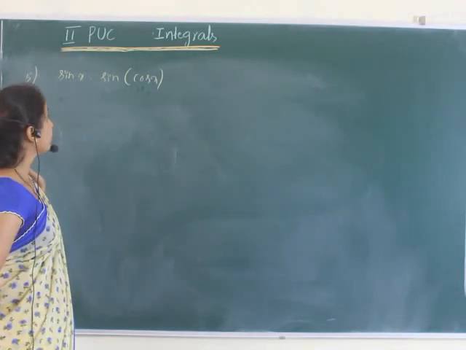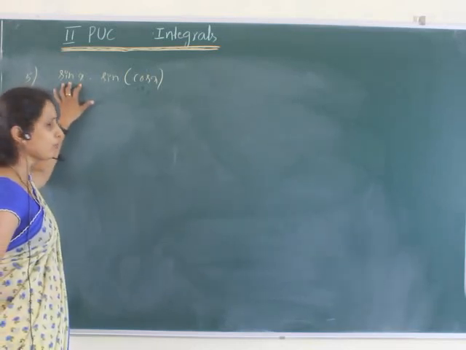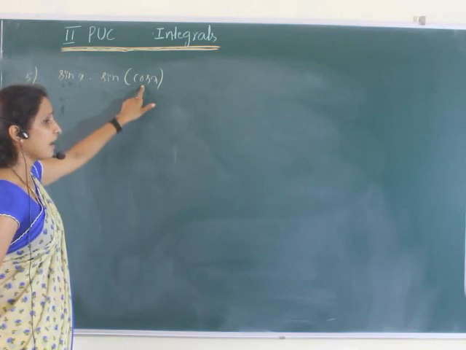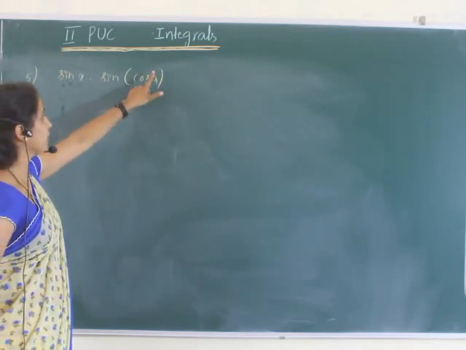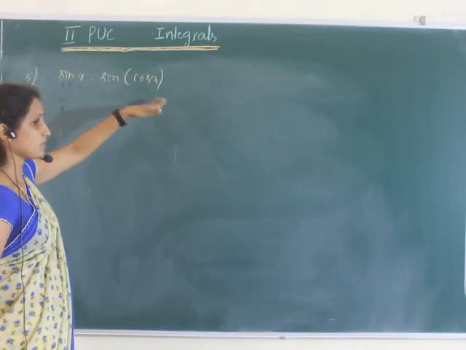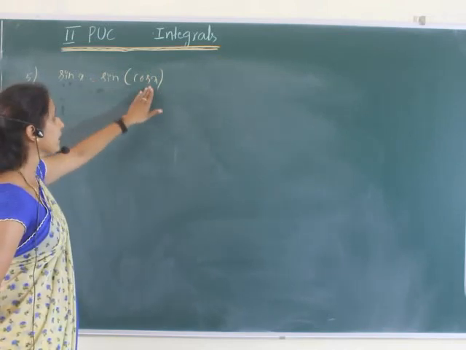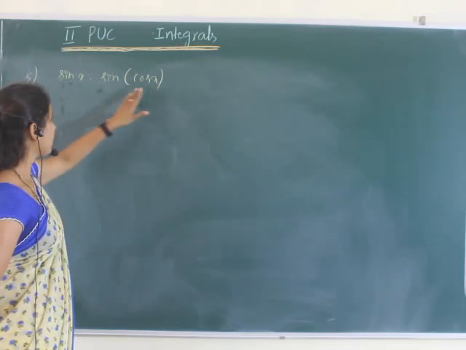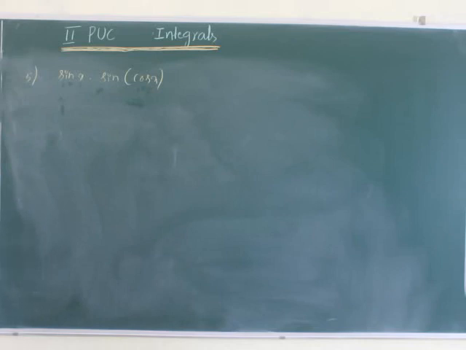But if you take sin x as t, we cannot cancel cos x, because it is an angle. Sine of an angle we cannot cancel. That's why the substitution we make here is cos x is equal to t.